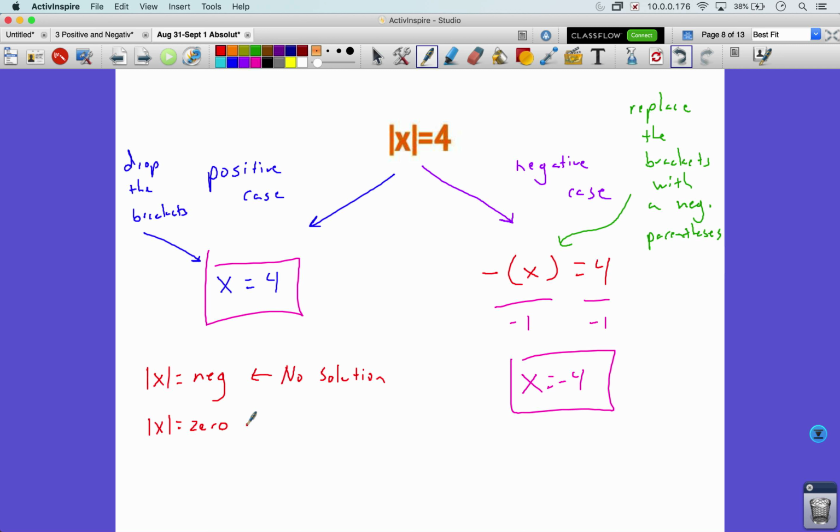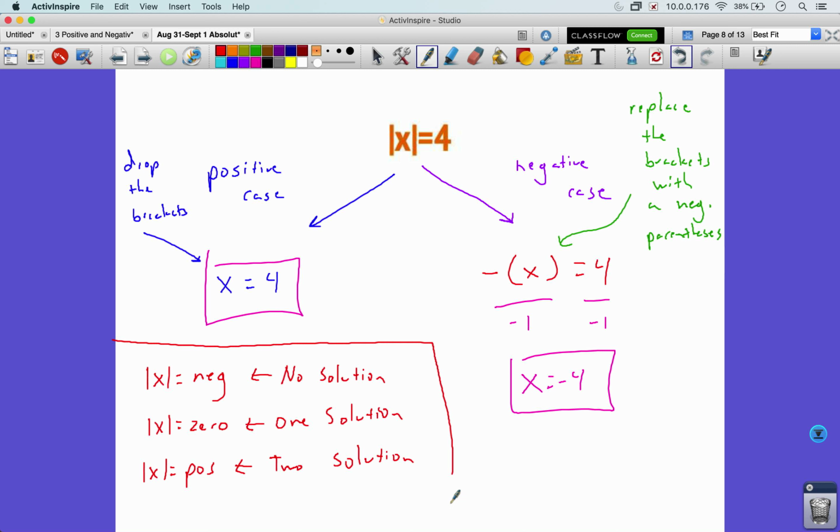It's only by plugging in a 0, so this one has one solution. And if you have the absolute value of x equals a positive, this always has two solutions. A positive and a negative that make that work. All right, good thing for your notes right there.